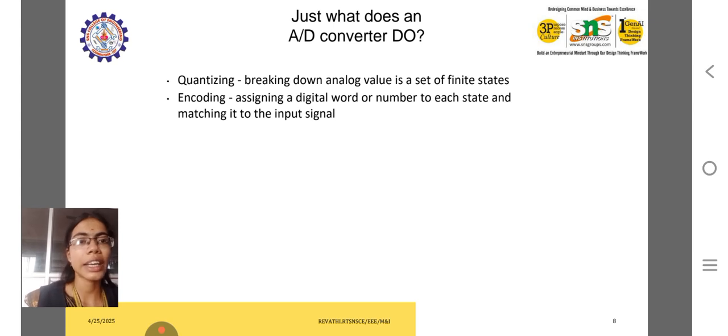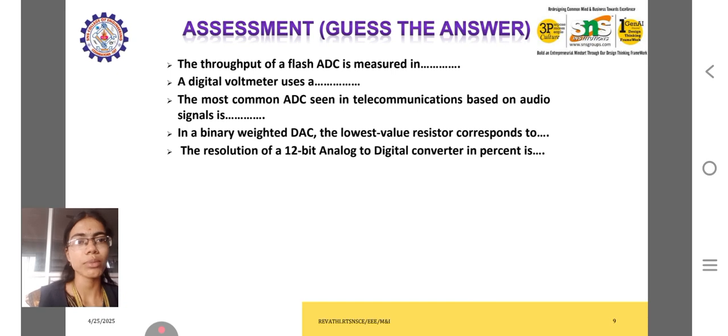Quantizing and encoding play a major role in ADC converters, where quantizing is breaking the analog value down into a set of finite states, and encoding is assigning a digital word or number to each state and matching it to the input signal.